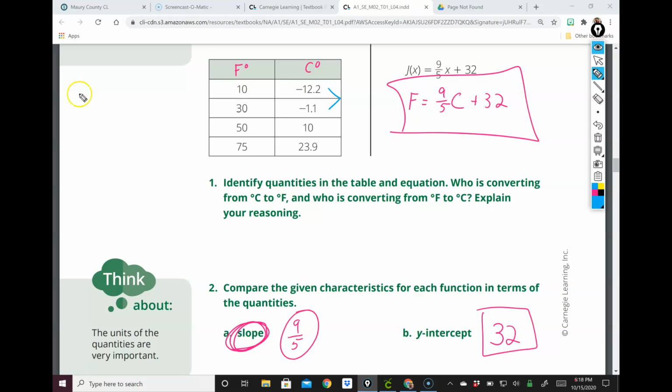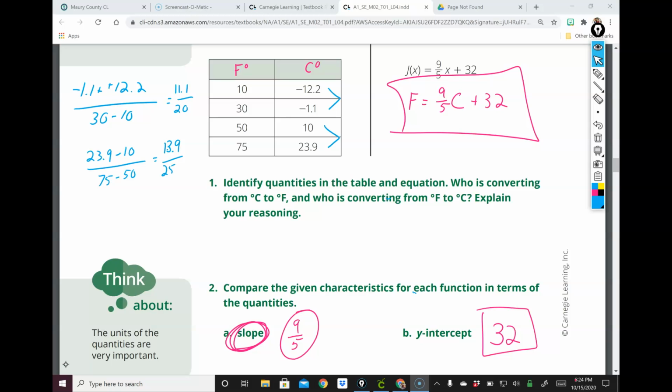The slope for Greg, negative 1.1 minus negative 12.2 divided by... So for Greg's table, we notice that we're supposed to come up with something of 5 over 9, the reciprocal of Josh's slope.